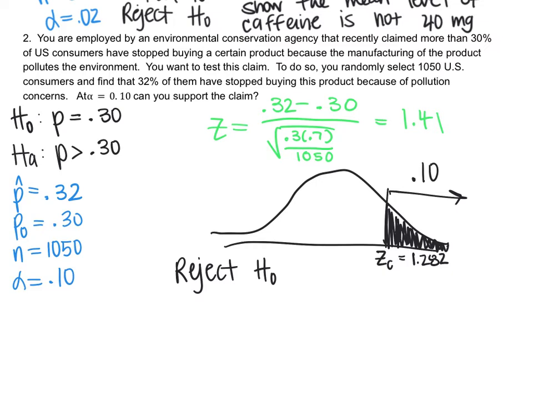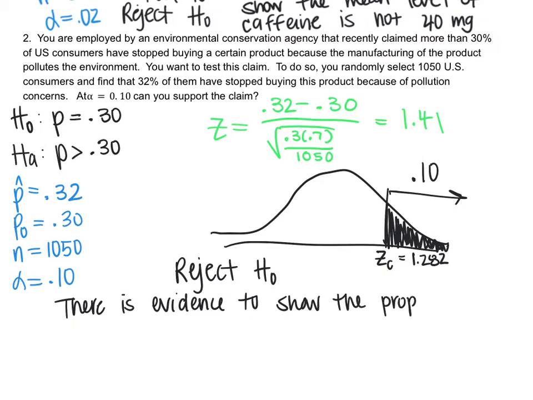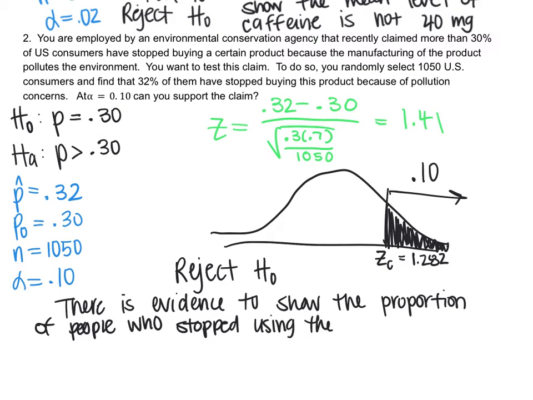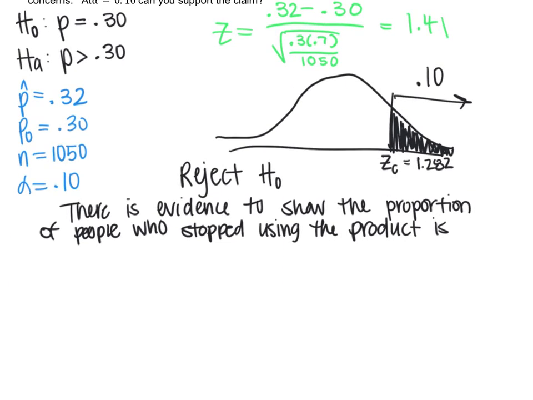Even if you were to use our other testing method, you should still find that you reject the null hypothesis, which means there is evidence to show the proportion of people who stopped using the product is greater than 30%.